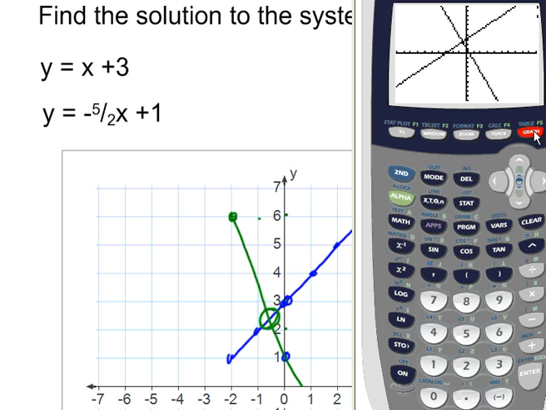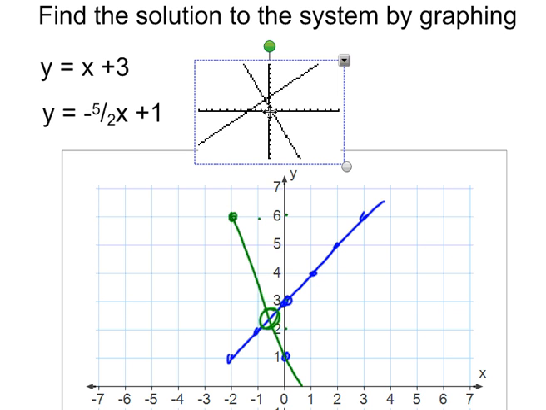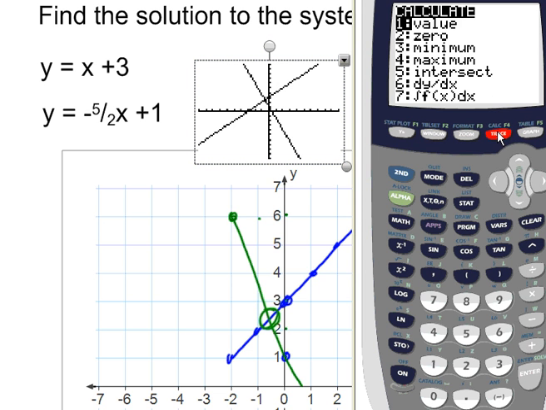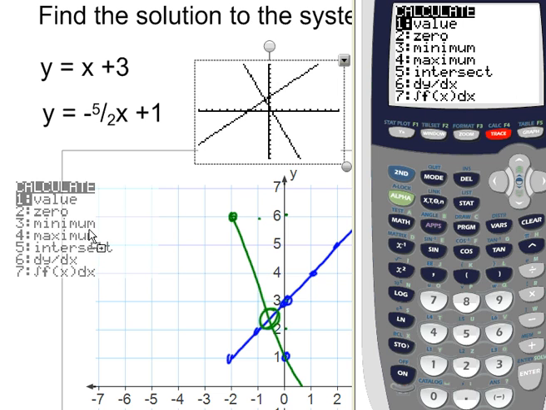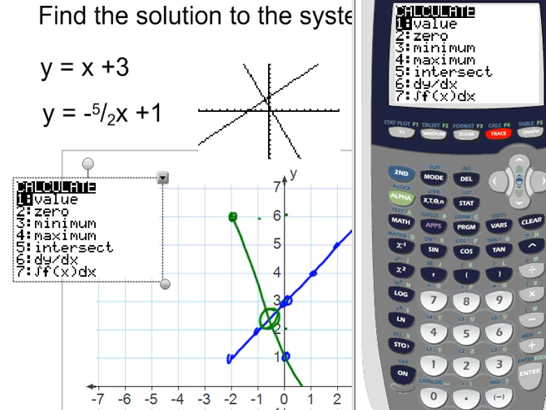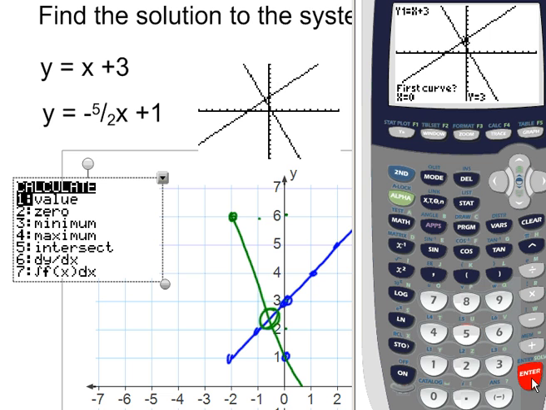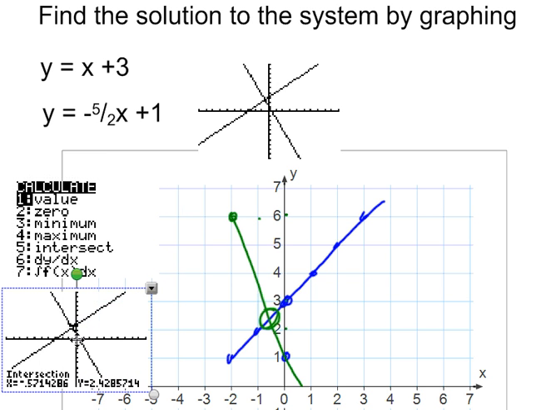As long as I can see them intersect in my window, then I can go ahead and go second calculate. So second calculate, so I'm on this screen. And then I do second intersection. So you see intersect is 5. And then I hit enter 3 times. 1, 2, 3.